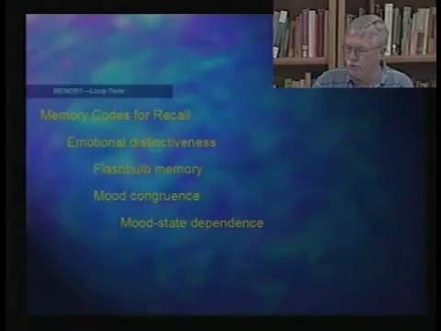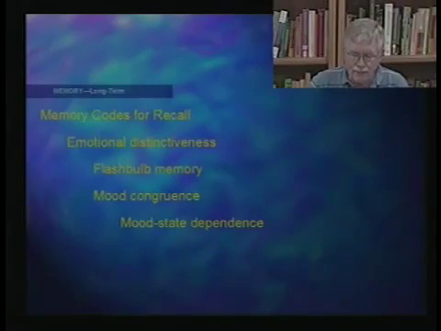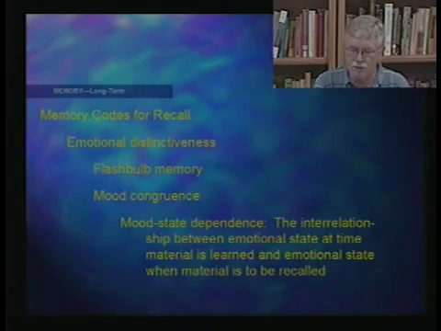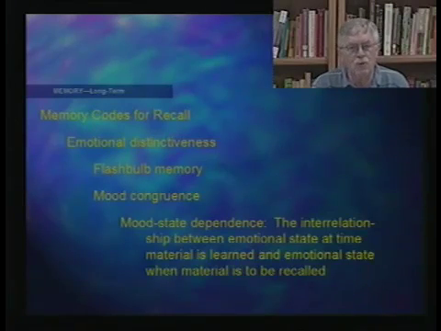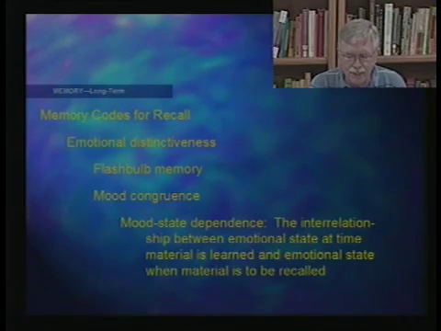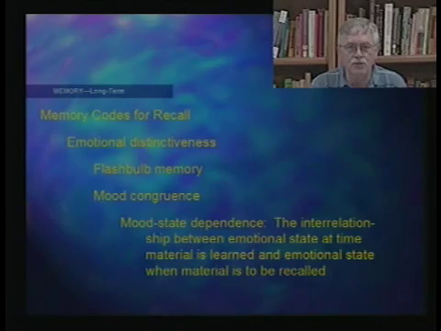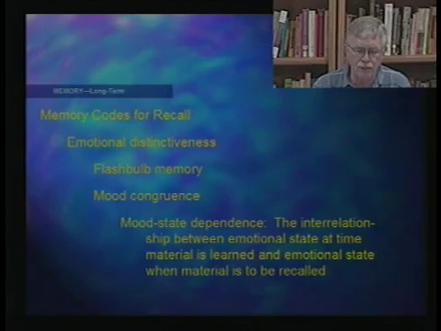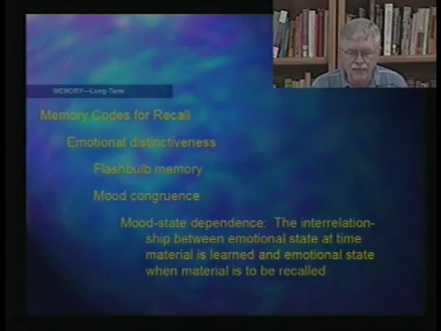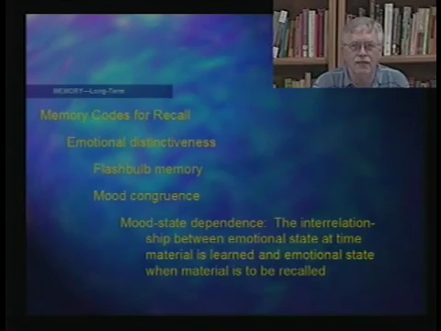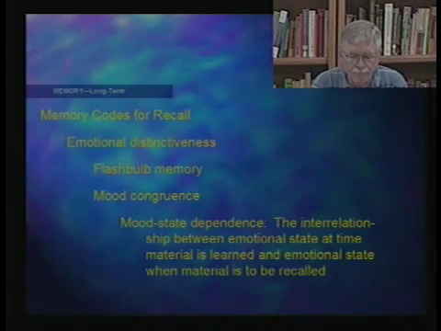Another thing that is related to this is what's called mood state dependence. And this is a rather complex thing, but what it talks about is the interrelationship between emotional state at the time material is learned and the emotional state when material is to be recalled. And there's some pretty compelling evidence here, yet this is an area that has some heavily conflicted results in it.